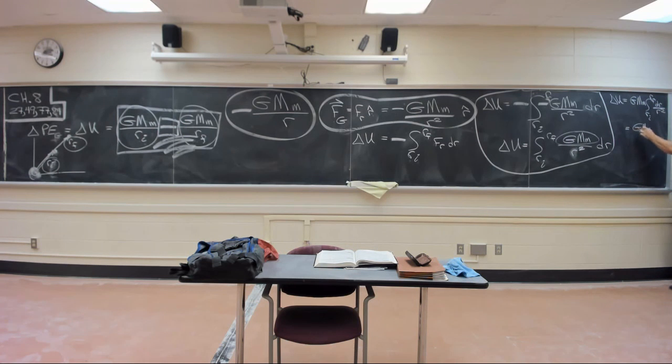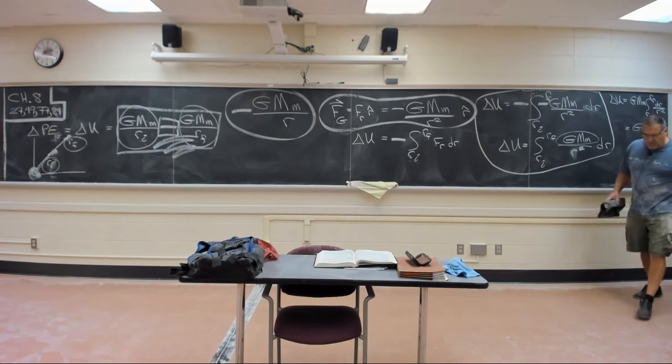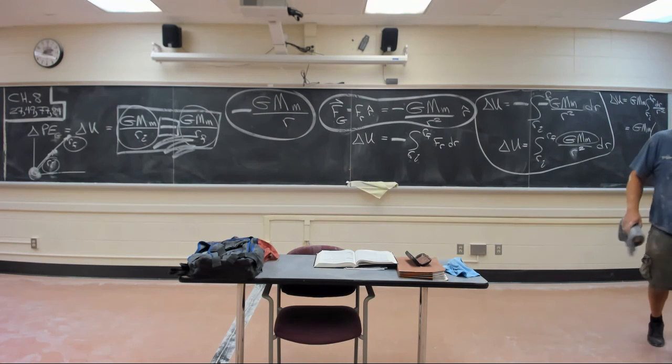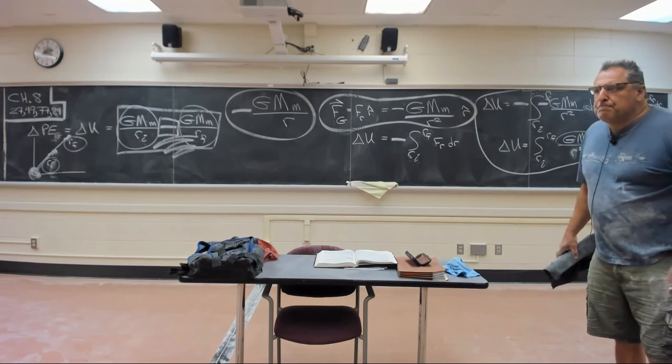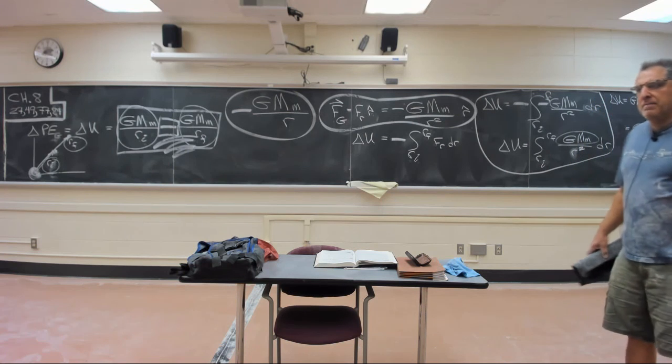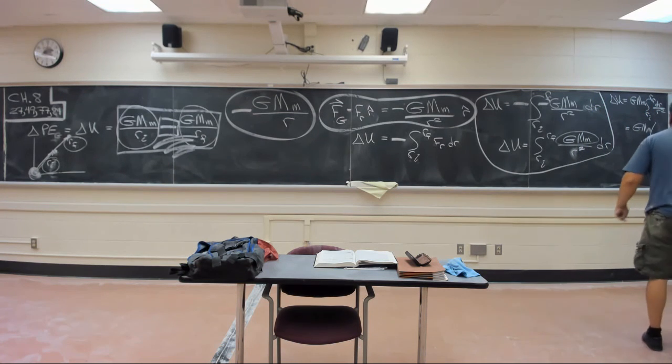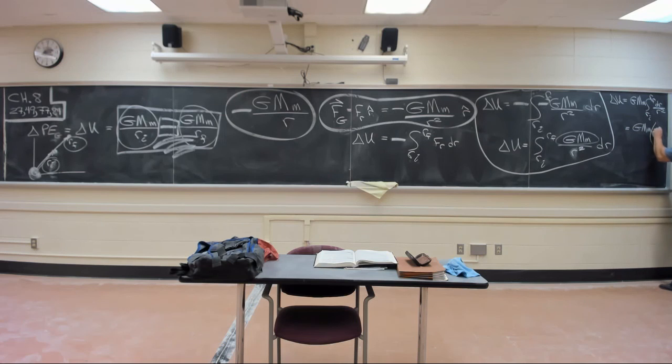The integral of dr over r squared is the integral of r to the negative 2, which is equal to negative 1 r to the negative 1. It's equal to negative 1 over r.